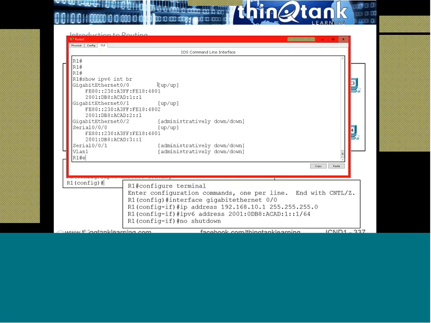But by the way, these addresses that we assigned are called global unicast addresses, meaning that they're routable. Don't they come from the routable space? 2000::/3. So they do come from the routable space.